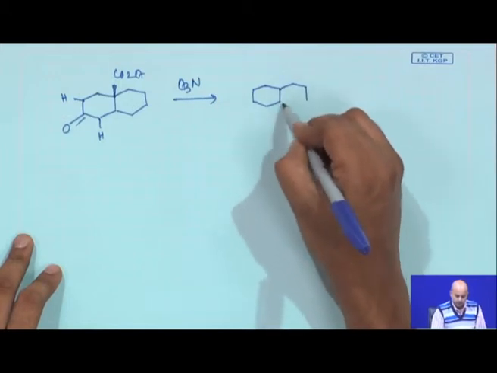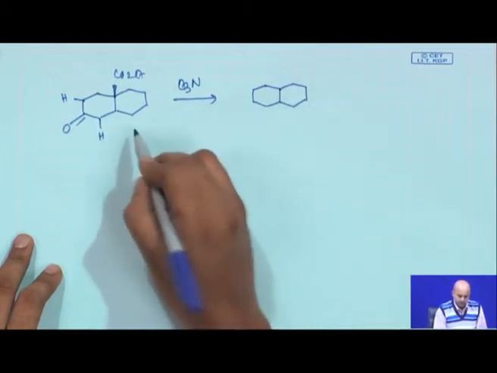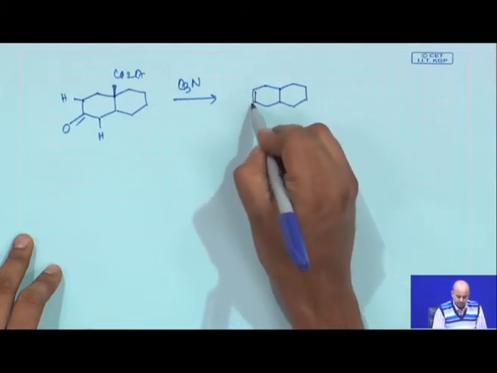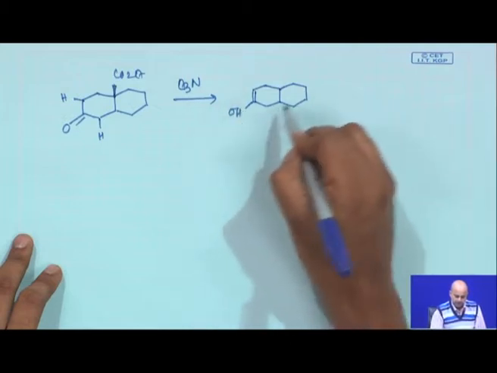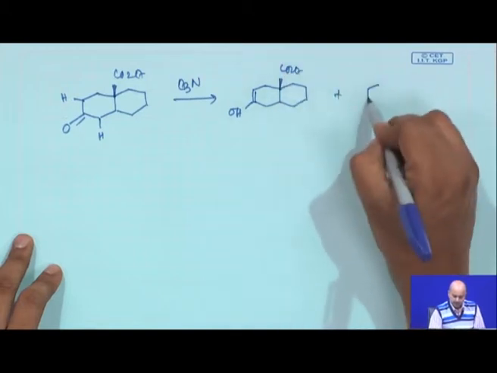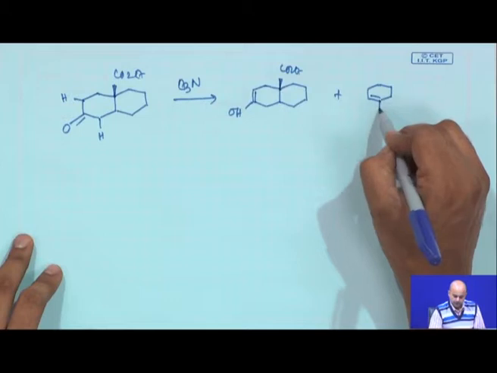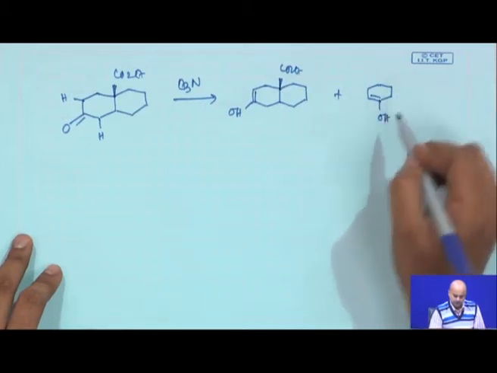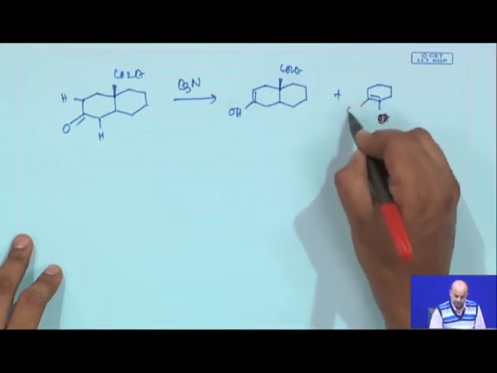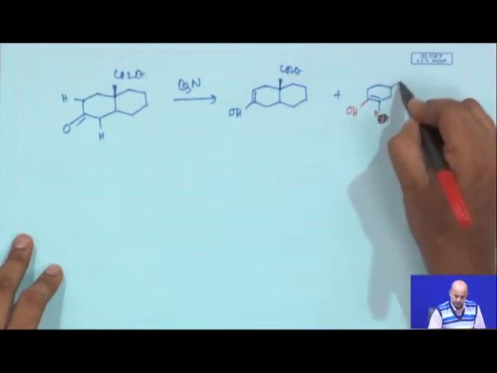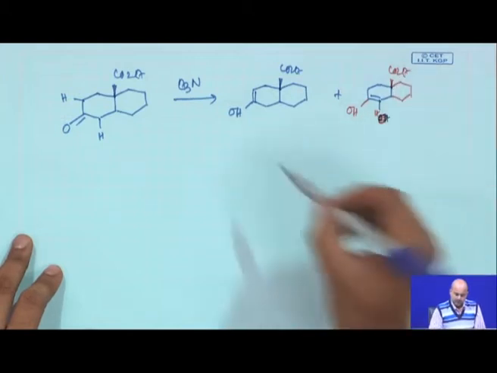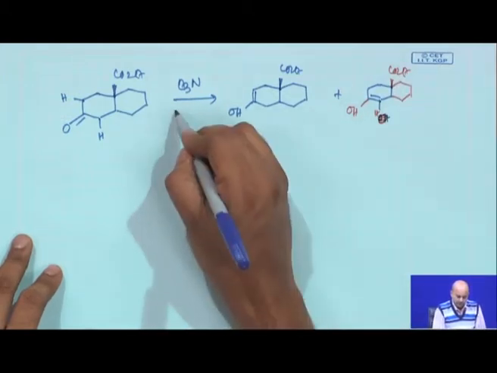So, in principle, two enol ethers will be formed, either this enol where you have this CO2, or you may have this enol formation, sorry, where the double bond is here, as a hydrogen, you have this enol.